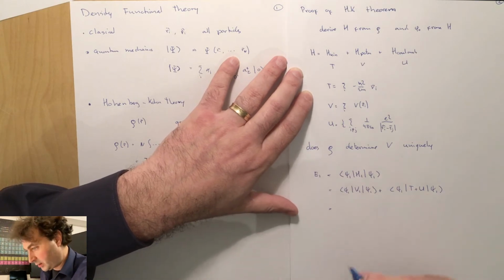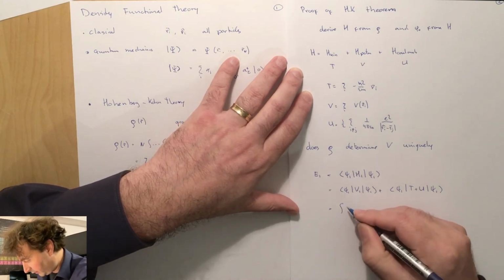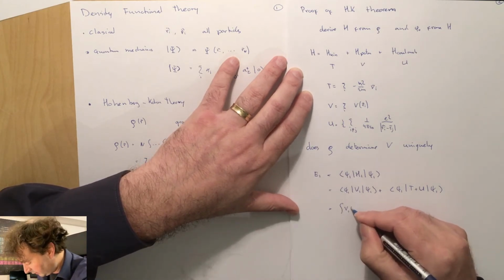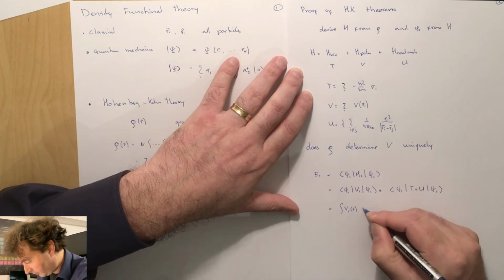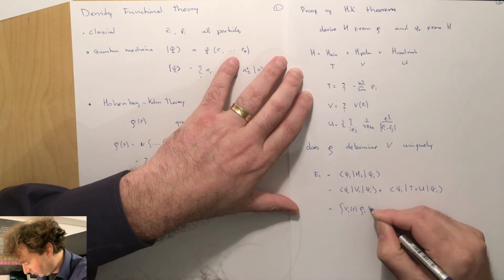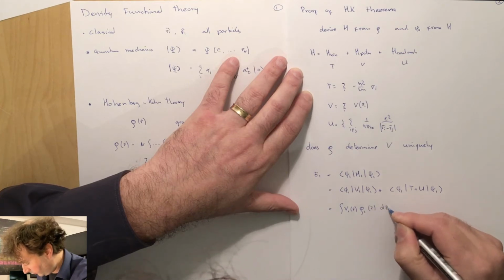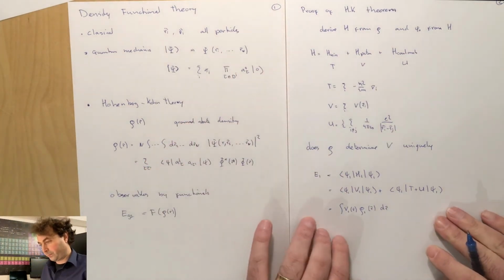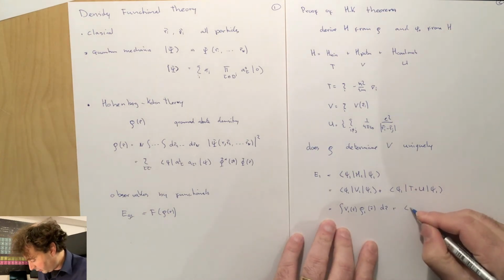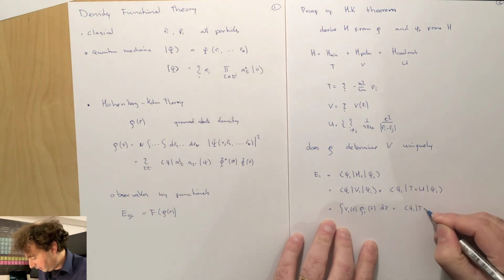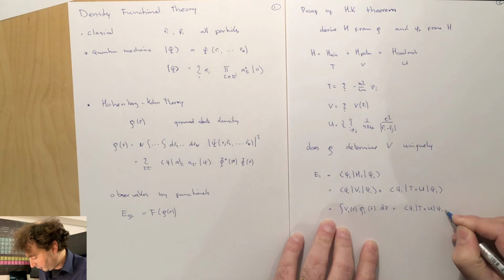And the potential energy we can write in terms of densities, and this is rho 1 for the first state, plus then of course still the kinetic and Coulomb interaction.